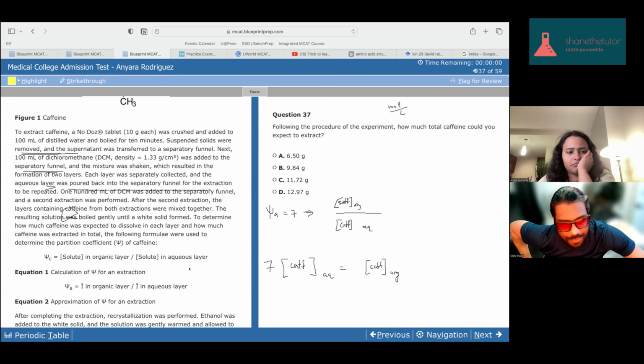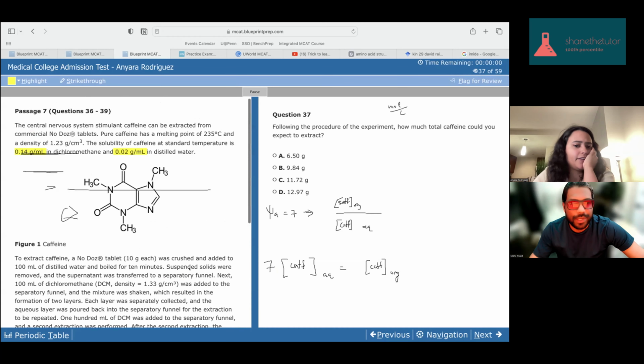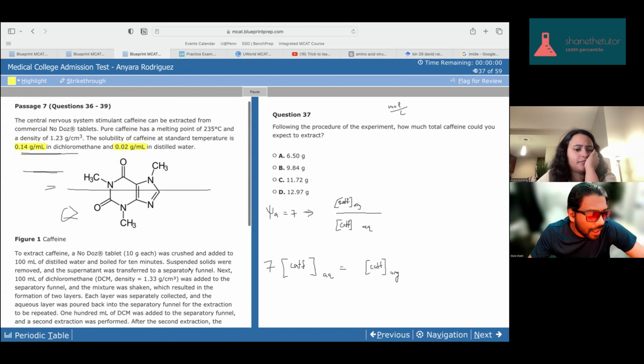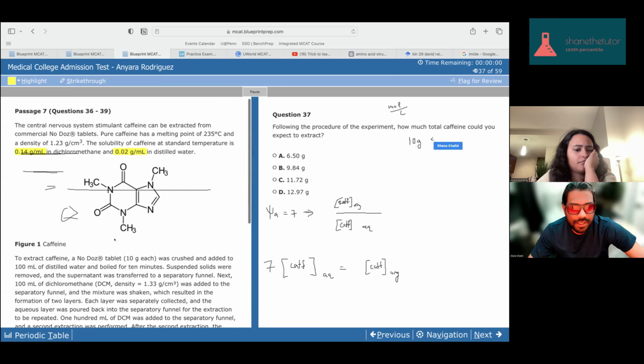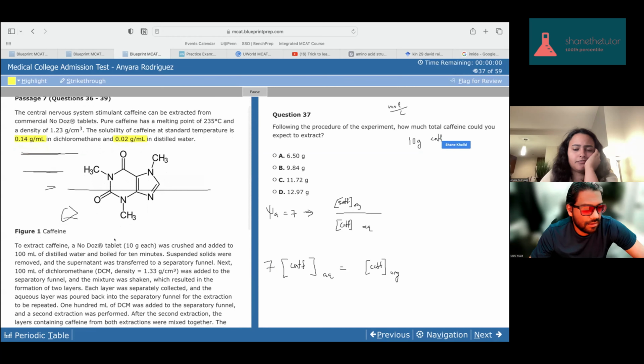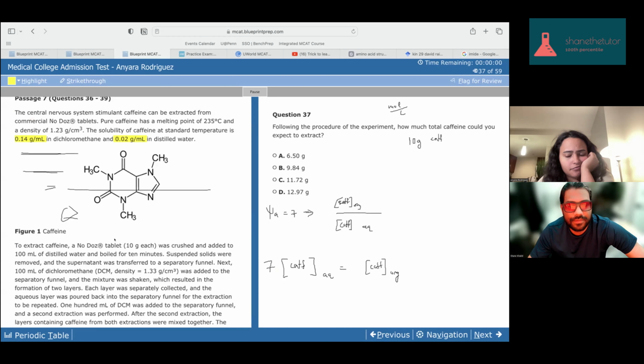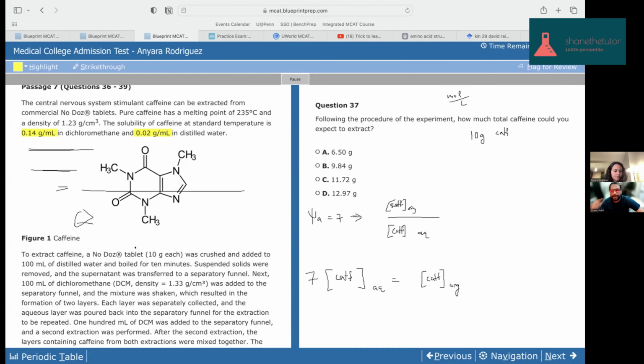They didn't mention what percent of that 10 grams is caffeine, right? No. So we can start off by saying, okay, let's start with 10 grams of caffeine.